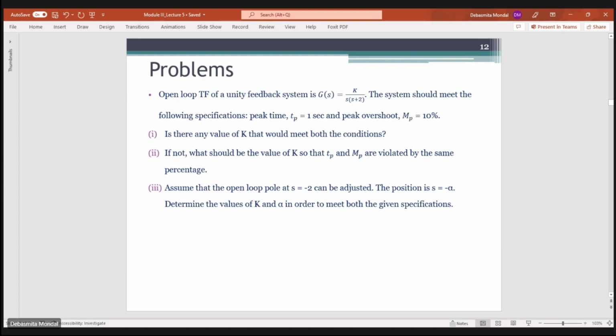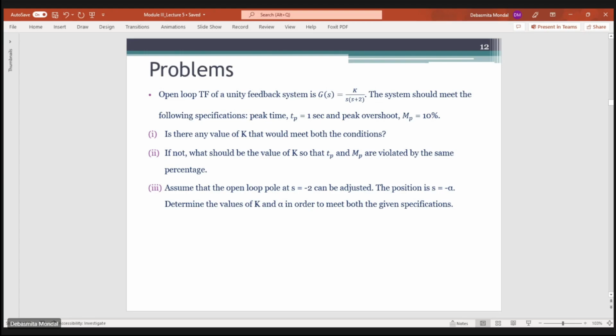And if there doesn't exist a value of K for which both these conditions are satisfied, then you have to find the value of K such that both the peak time as well as the peak overshoot are violated, or exceeded, or are less, by the same percentage.